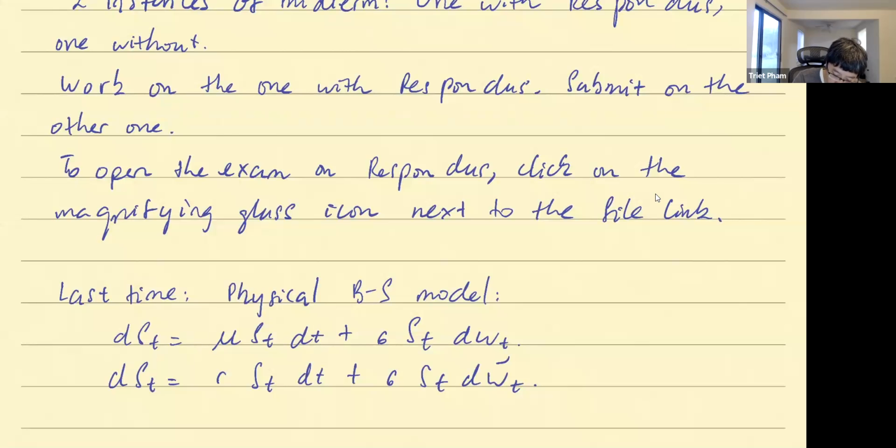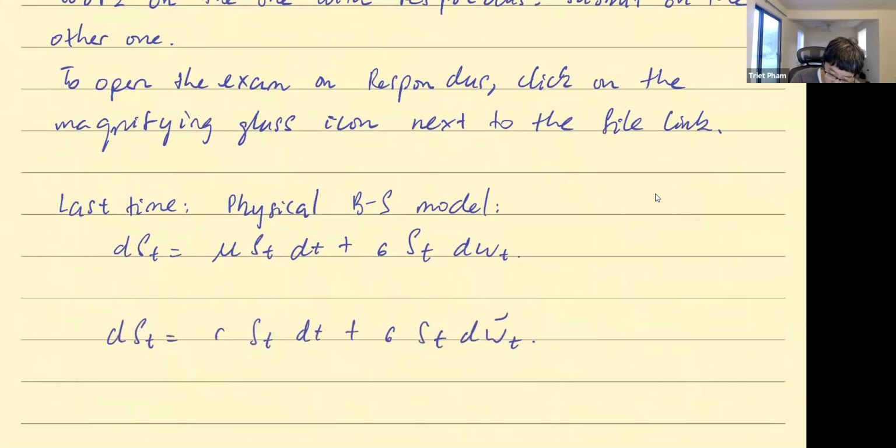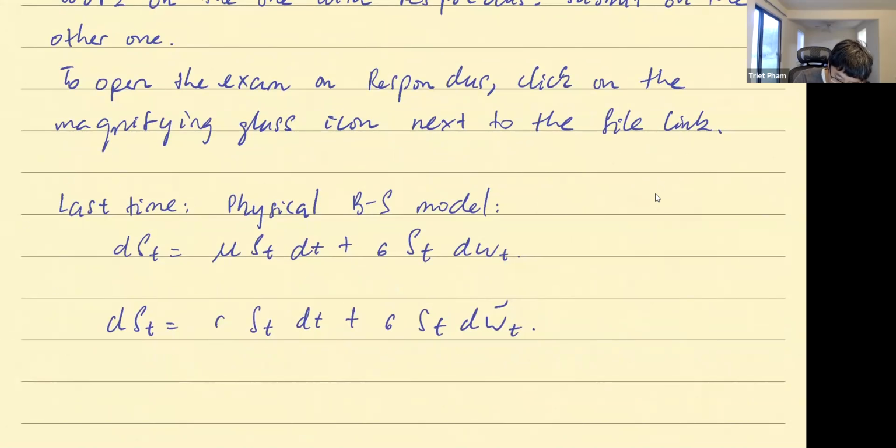Okay, so this is the risk neutral model.